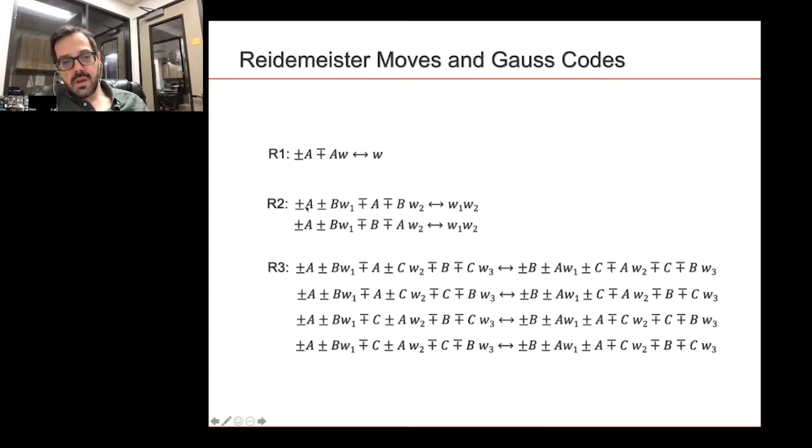The same goes for Reidemeister 2: if I have a crossing and then I meet another crossing and they both have the same sign, and then I have a subword of the Gauss code, and then I meet them a bit afterwards, but with inverted signs in the same direction, this means I have a Reidemeister move, and I can get rid of these crossings.